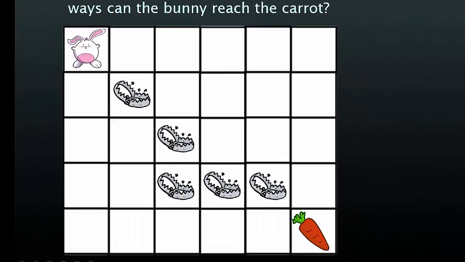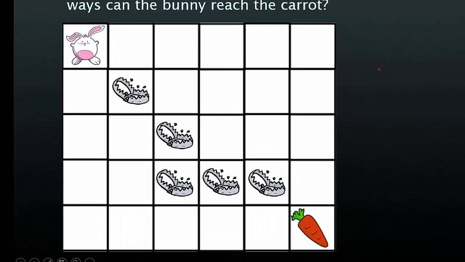I cannot zoom that much, so I guess that is fine. Okay, now let's think. I guess the first one will be kind of hard, but I hope that the second one will be easier. So the idea here is that we are in some cell, right? Assume that we are here, going down to the carrot. Imagine that we are here, and we've already solved everything before that.